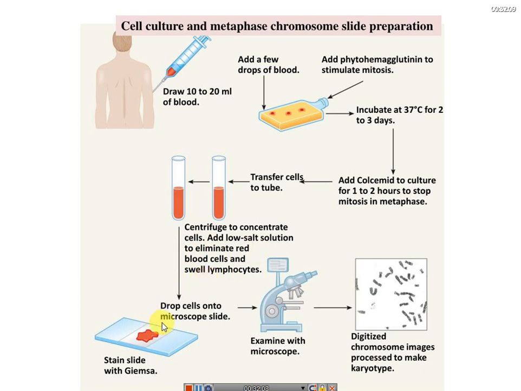Once we stain the cells with Giemsa, we can examine them under the microscope to see the banding pattern of the chromosomes. Then we can process the image, take the image, and make the karyotype by arranging the chromosomes in decreasing order of their size and arranging their centromeres on the horizontal axis.